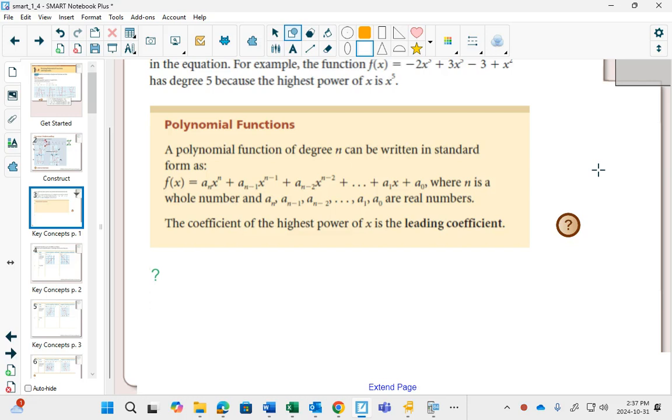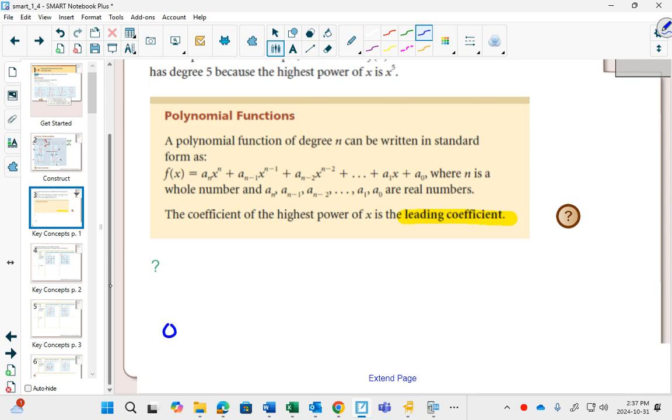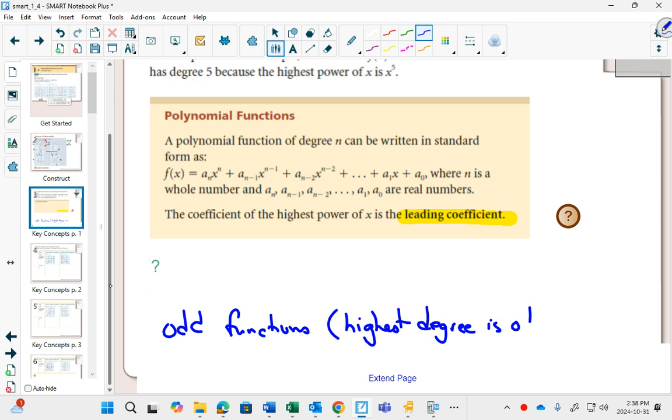Right beside this. A key thing in a polynomial function is this idea of a leading coefficient. So I'm going to highlight that. And we're going to just make a note about odd functions, which means that the highest exponent or the highest degree is odd.